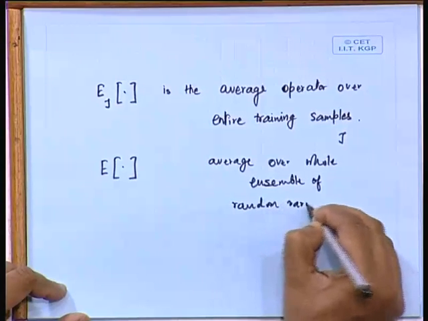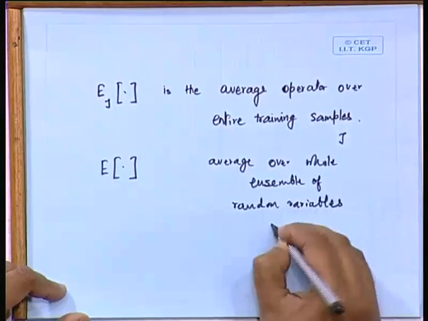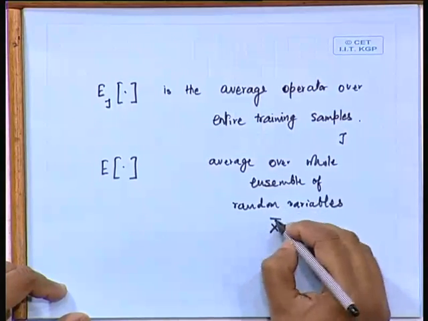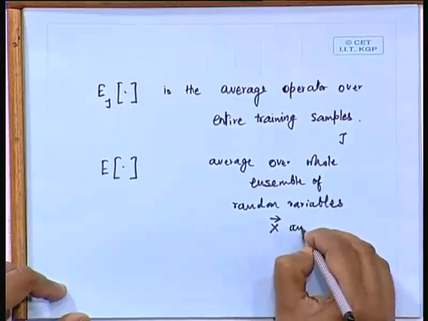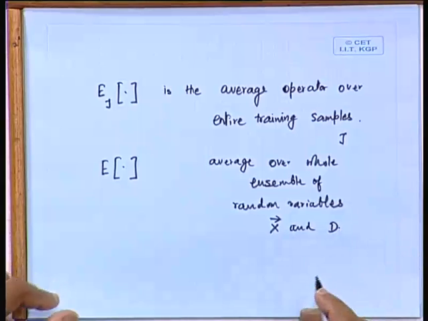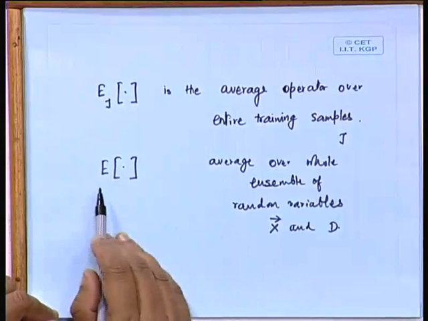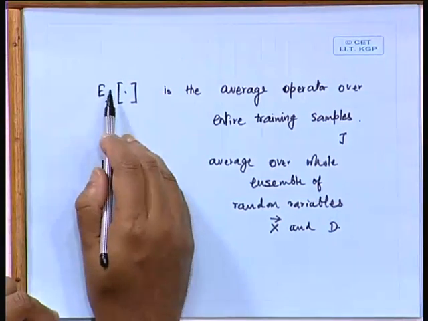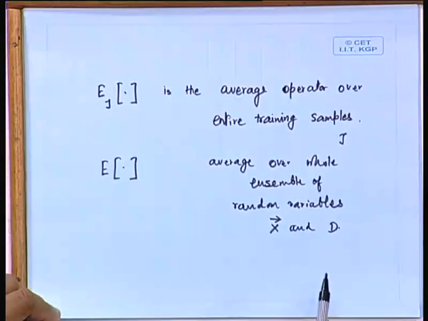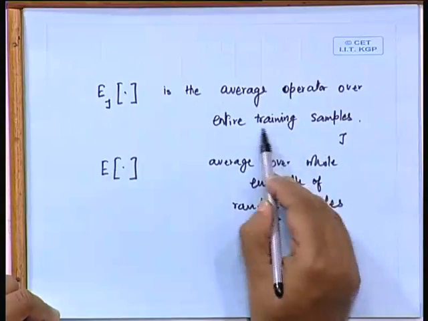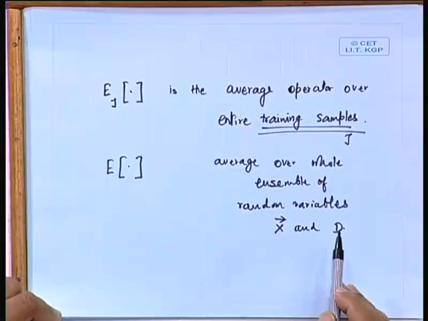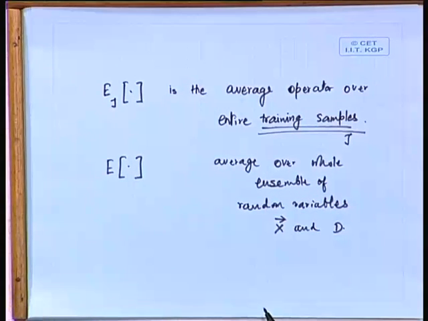What are the random variables under consideration? X and D. So there is a difference between calling it E and calling it E_T, because E_T is defined over the training samples, and in fact the training sample is nothing but a subset of the ensemble.